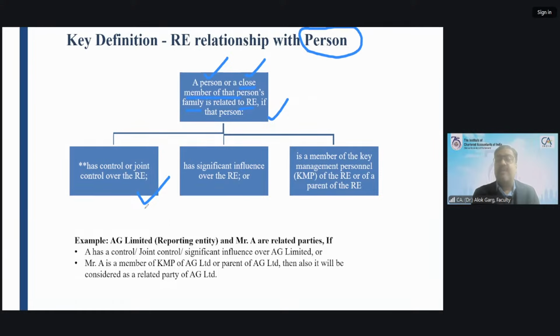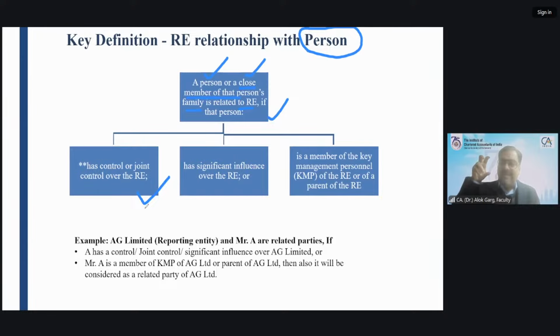So in this case, whether Saminathan will become a related party to this entity, Friends and Company Private Limited? Yes, sir. Yes. Why? You don't have control solely. You and your friend both have co-founded. So you have joint control, right?